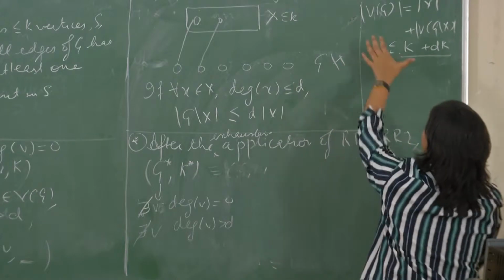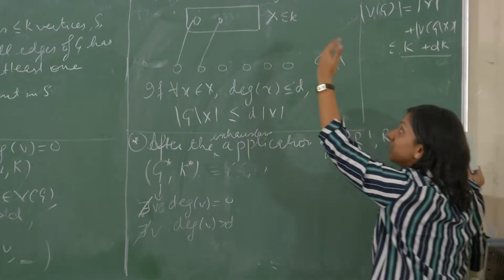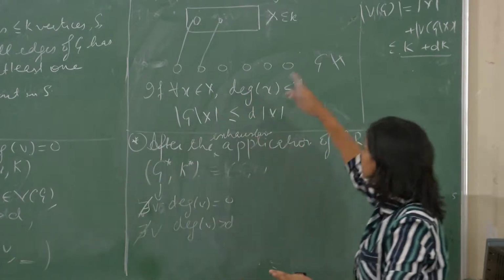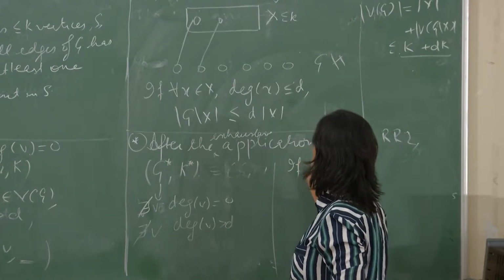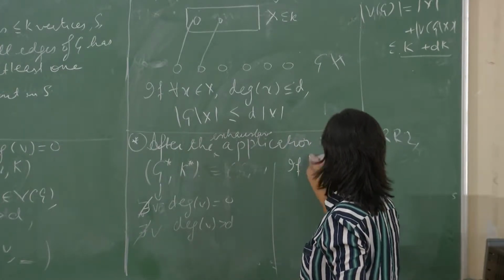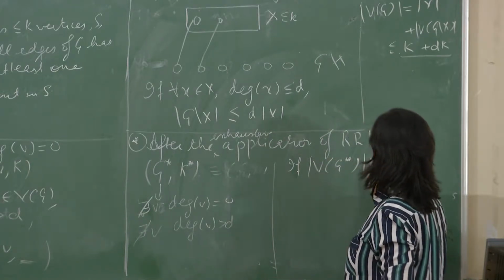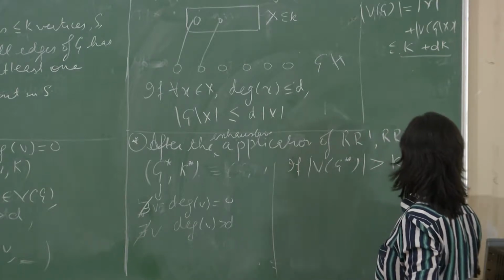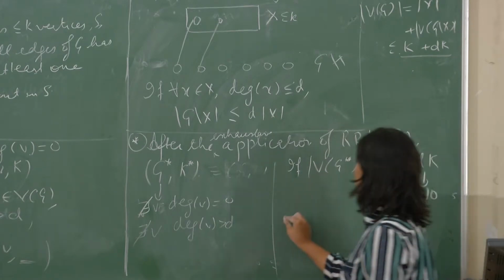The contrapositive of it is if the number of vertices happens to be more than this, then that's a no instance. So after the application of these reduction rules, we just go check the number of vertices in G star. If it is greater than k plus dk, we know it's a no instance. In this case, just return a trivial no instance. Otherwise, what do we know?